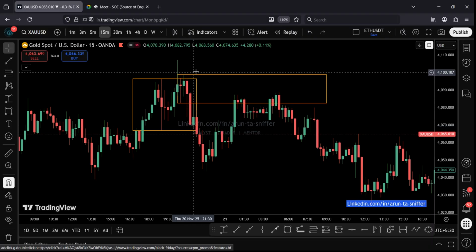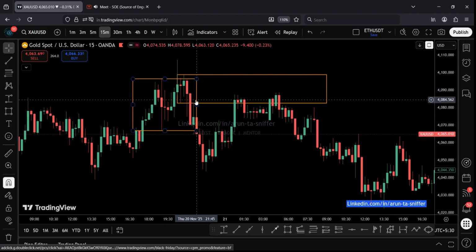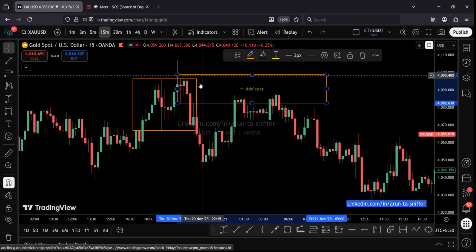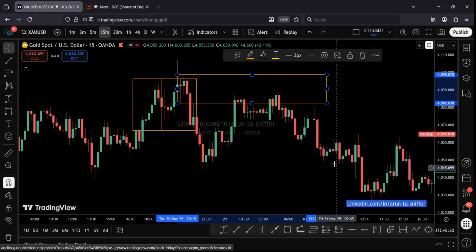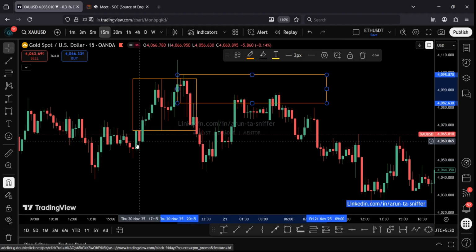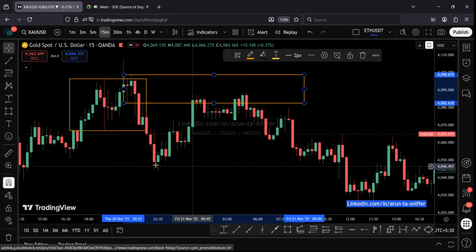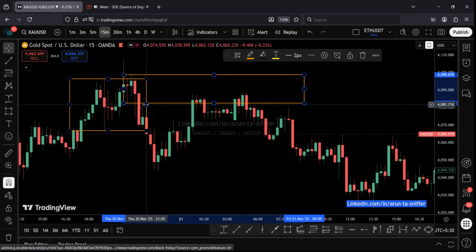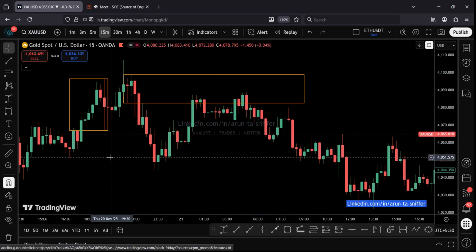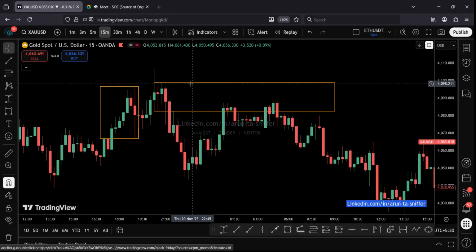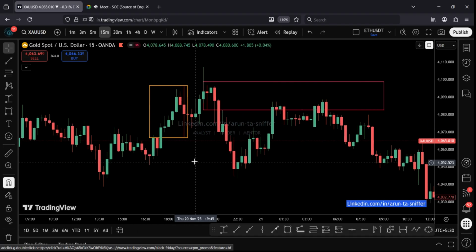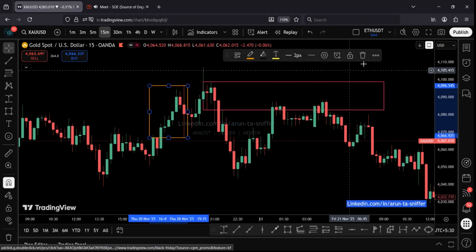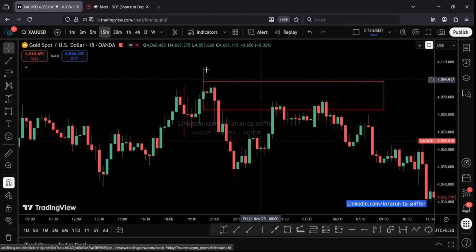The source of engulf will be here. Price goes back up, then comes down. So let's see from where the price is falling. Focus on this area. Let's color this pink. Let's delete this and focus only on this zone.